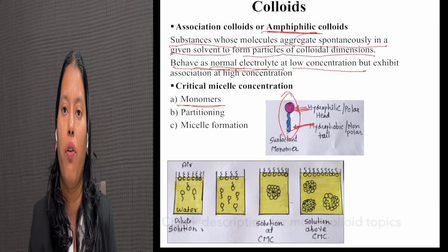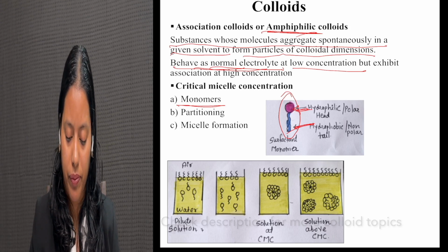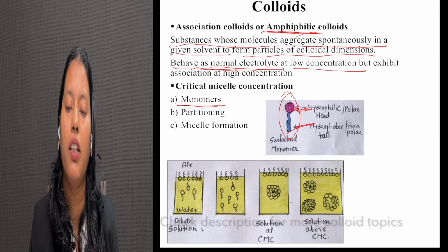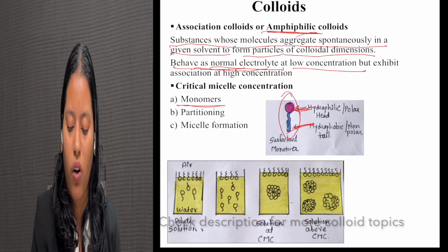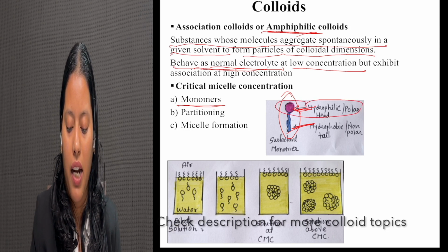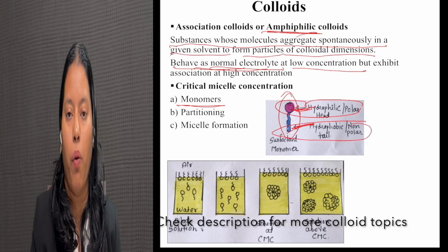So it has a hydrophilic head and a hydrophobic tail. This is water loving, and this is water hating. This region gives the polar property, and this gives the non-polar property.